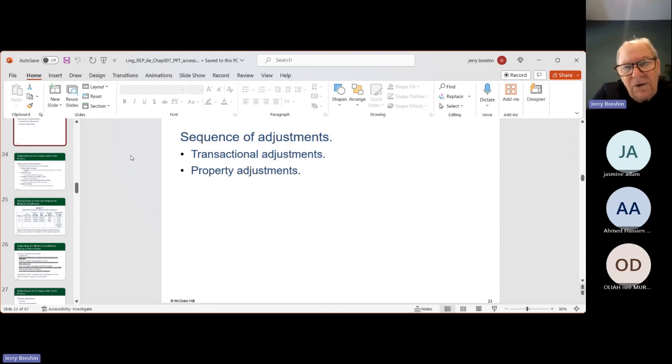What he's saying here, sequence of adjustments. Let's say we are trying to determine the value of a home. Someone wants to sell a home for 300,000, and the home next door sold recently, and it's very similar.